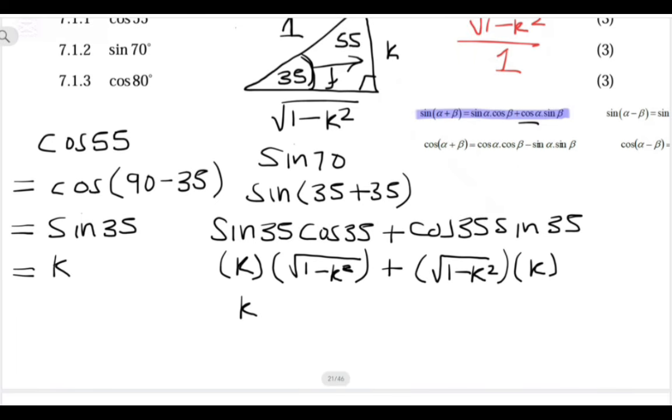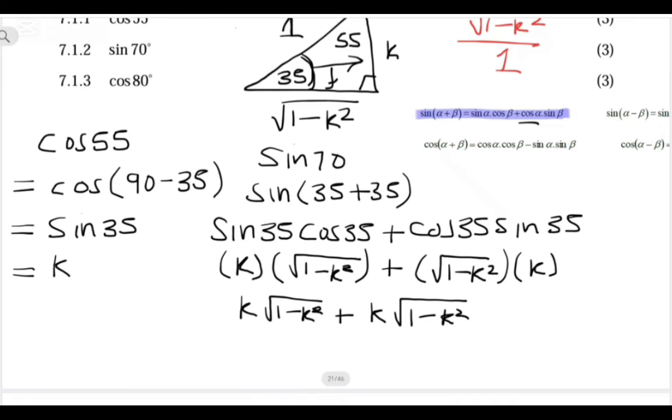So this is going to give us k root 1 minus k squared, plus, and then this one is also going to give us k root 1 minus k squared, because we are multiplying a variable with a surd.